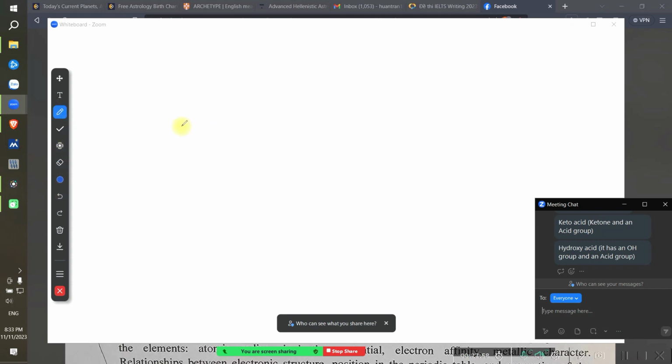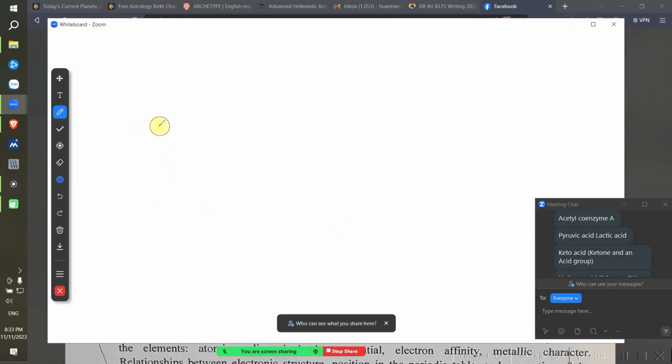Okay, good. So pyruvate, as I said, is a keto acid with 3 carbons. Let's see the 3 carbons first, okay? And it's a keto acid, so it has a ketone group. A ketone group can only be found in the middle of the molecule, right?